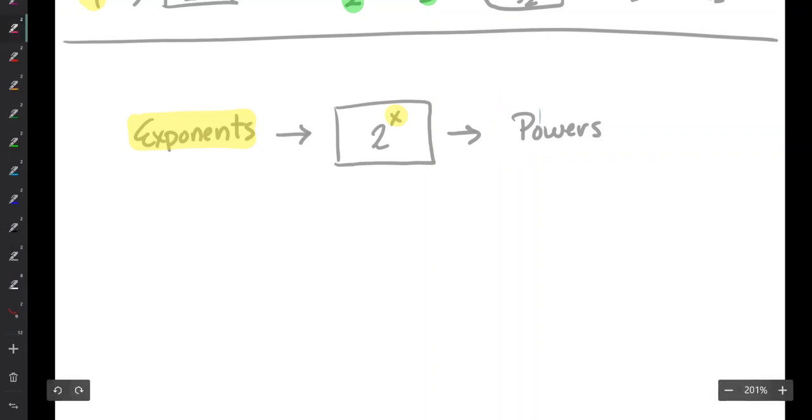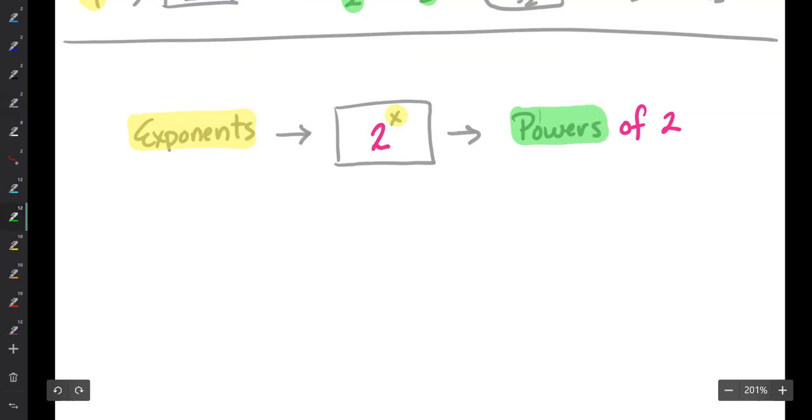In this case, my base is 2. Powers of 2 are what come out. So log base 2 is going to be the exact opposite here.